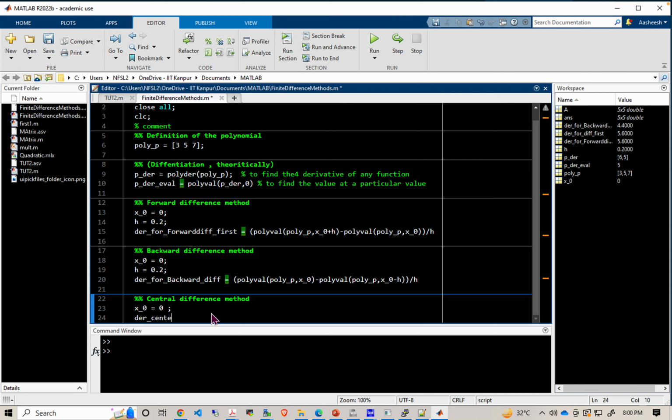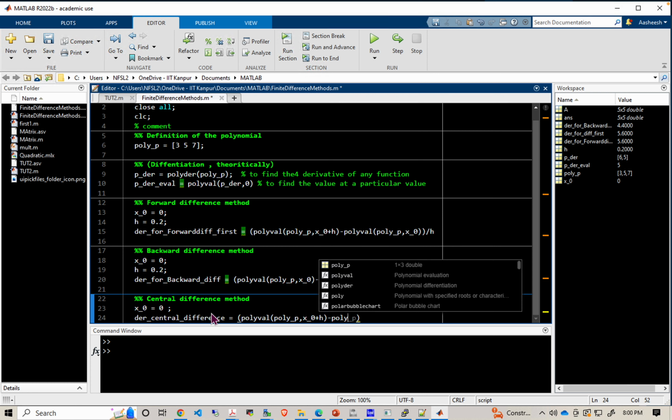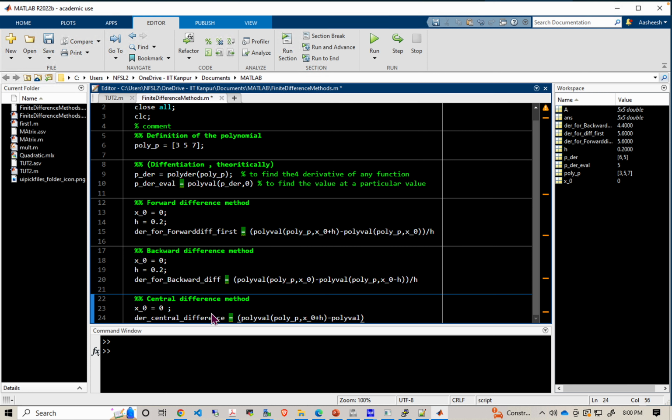Derivative of central. So what people write is polyval of x naught plus h, minus polyval of x naught minus h, divided by 2 into h.